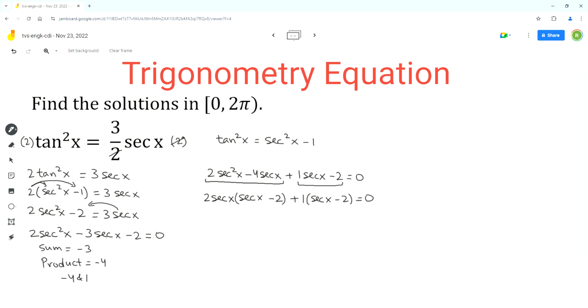Now we can factor it further. So this is the factored form of the equation. Now we have to analyze the two cases.